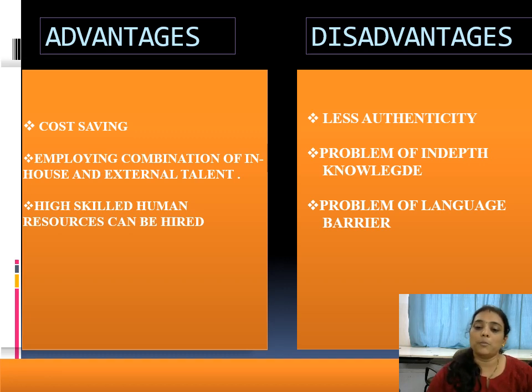Problem of language barriers, yes. If I understand English, Hindi, Marathi, maybe that particular person doesn't understand that. So there can be language barriers between the agency and the business.